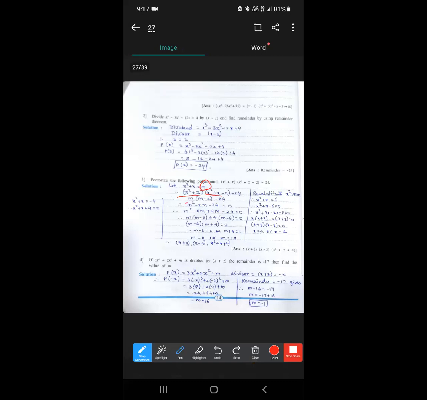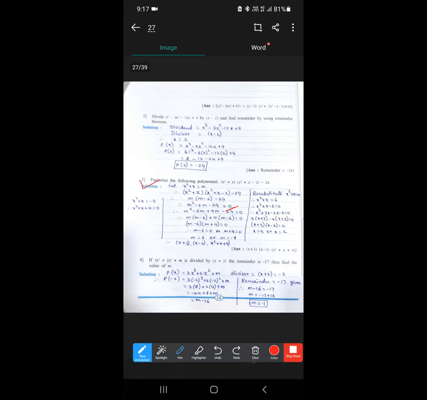Now just solve this equation. m into m will be m square, minus 2 into m will be minus 2m, minus 24 equals 0. Why? Because we have to find the factors.